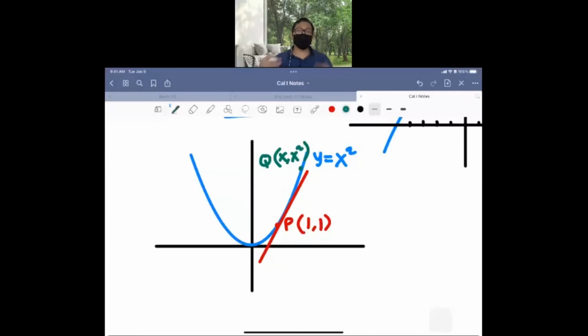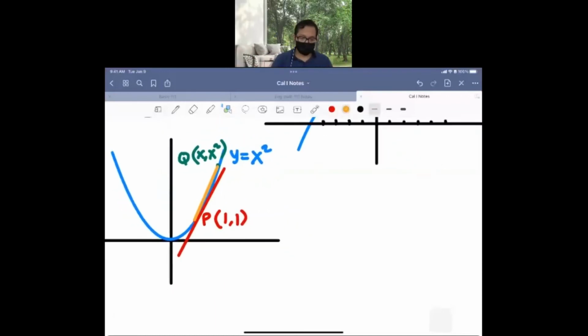Now, suppose you know about the gradient or the secant. Let me draw with the orange color. I think I should make it a little bit bigger.